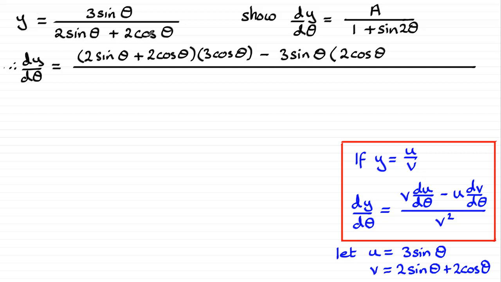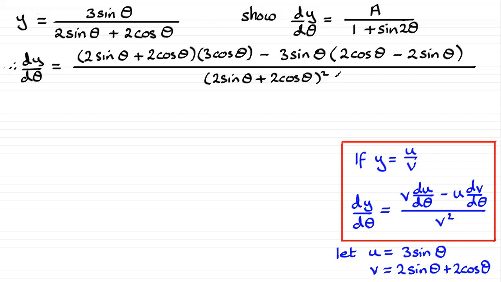Remember now that the differential of cosine theta is minus sine theta, so this becomes minus 2 sine theta. So that's the top part. Now it's all divided by the bottom of the fraction squared. So we've got all of 2 sine theta plus 2 cosine theta, and all of that is squared.